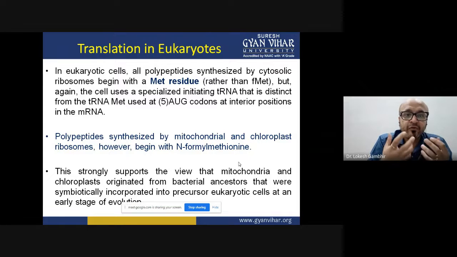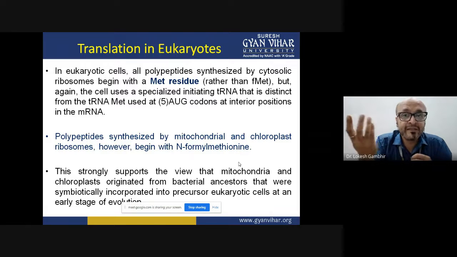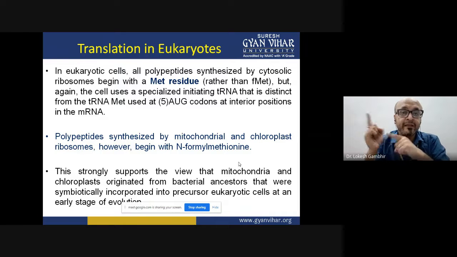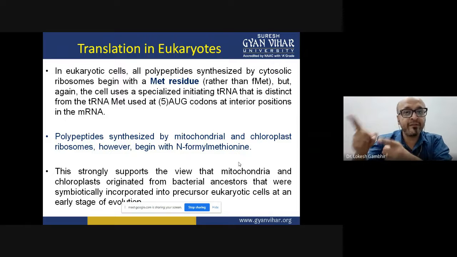That DNA also goes for transcription by forming mRNA, and then goes for protein synthesis by a translation process. If you observe the translation process of these two organelles, you will see that the first codon, AUG, present in the mRNA codes for formylated methionine.